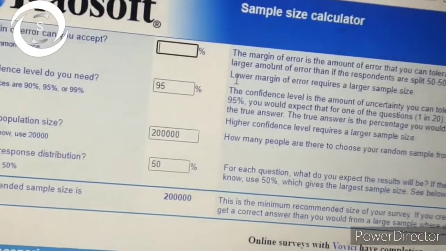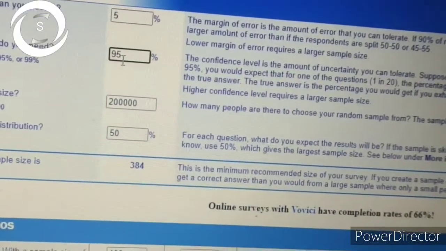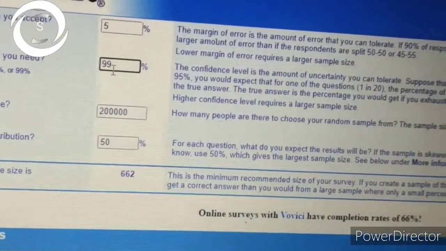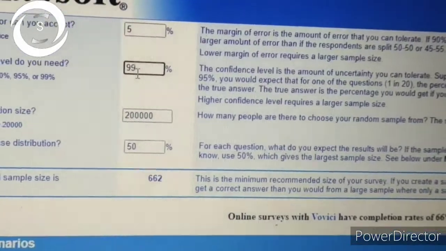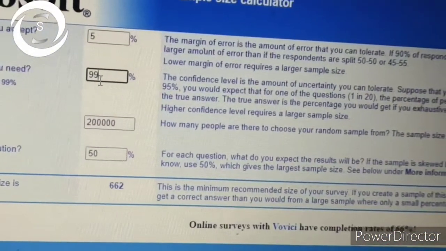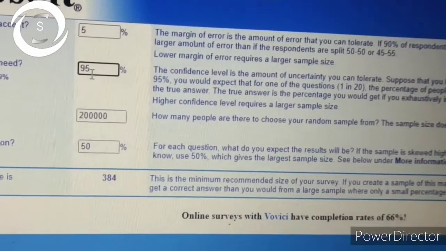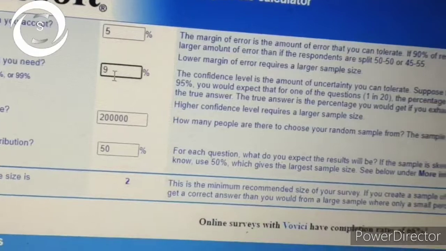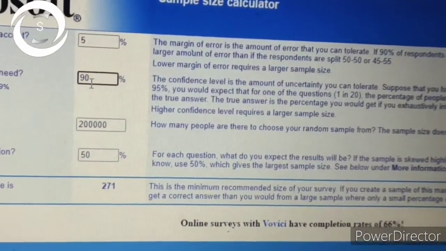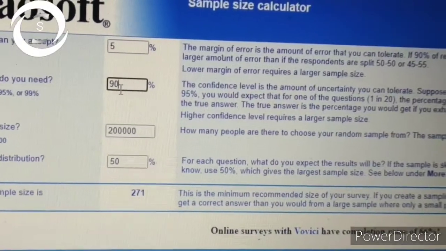So leave it at 5. Then the confidence level: if you make it 99, then you need a sample size of 662, and if you make it 95, then 384, and if you make it 90, then it will become 271.